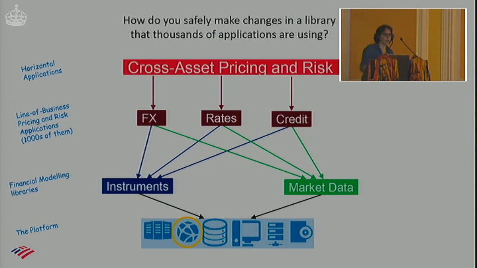In Quartz, the individual applications are the pricing and risk calculations of the different businesses. And we have this horizontal layer at the top that needs to aggregate all that. So these individual applications can't advance independently of each other. They have to play nicely together. They have to support the same APIs.